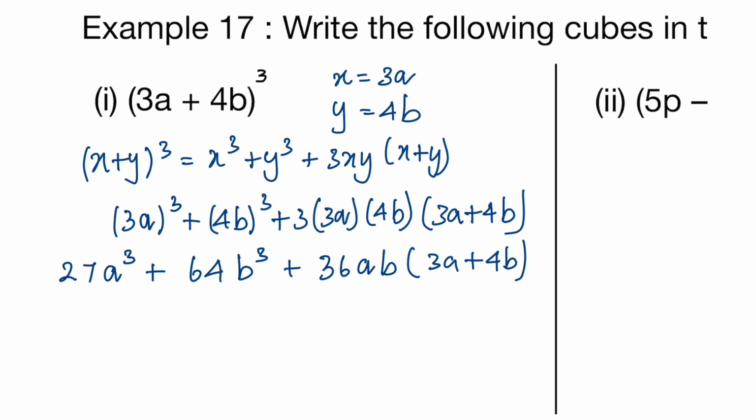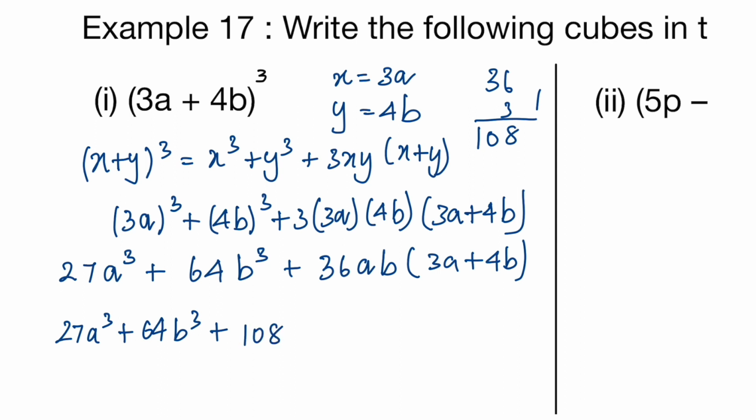Now you can leave it like that, or you can further multiply it in between as well. 36 times 3 is 108, so that is 108a squared b, plus 36 times 4, which is 144, so 144ab squared.